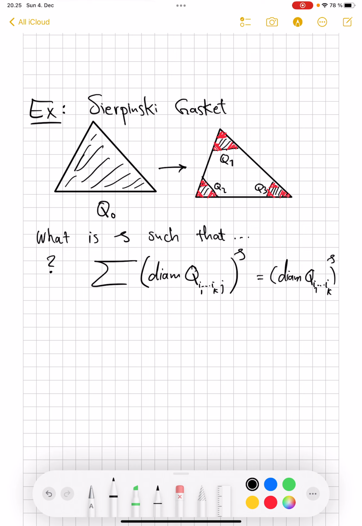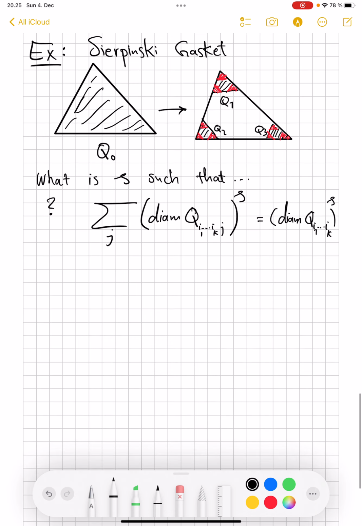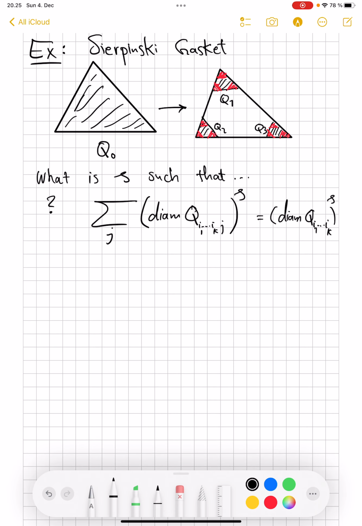And we want to find the right s. Because of self-similarity, every Q i1 to ik is just a triangle, and it will have three subsets of it. So there will be three.